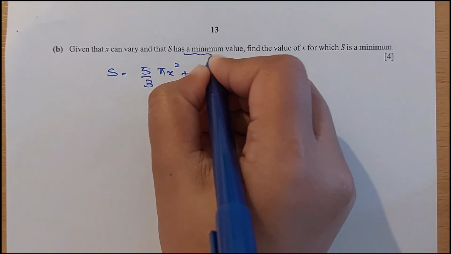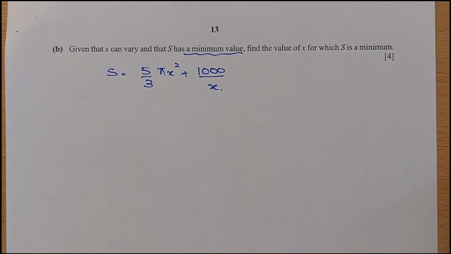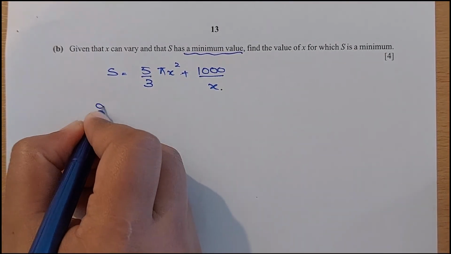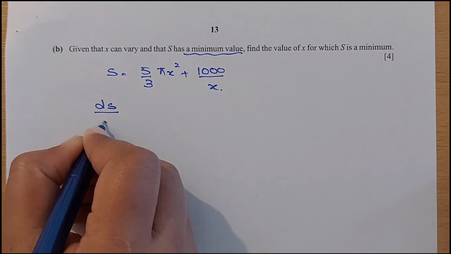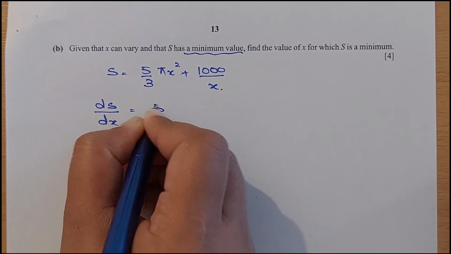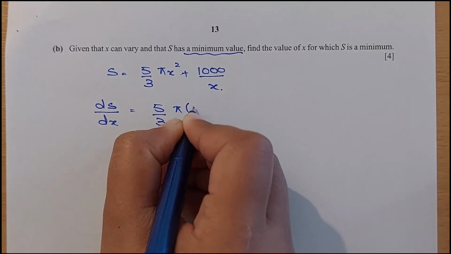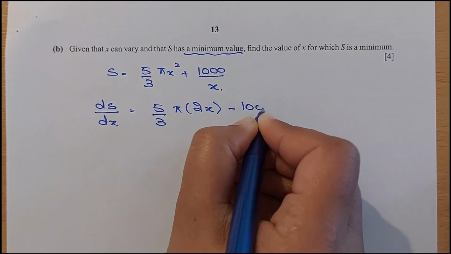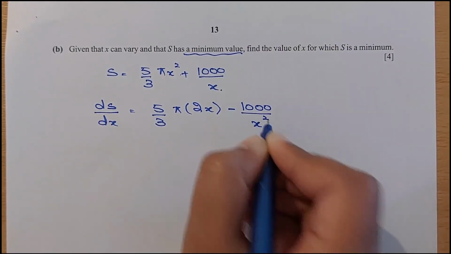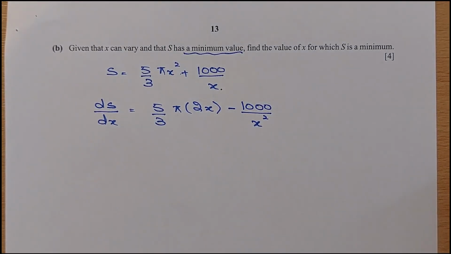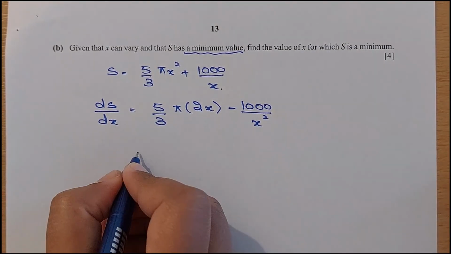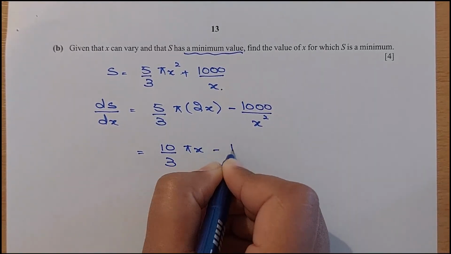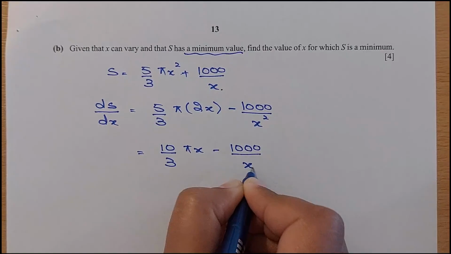To find the minimum value of S, we need to differentiate S with respect to x and put it equal to 0, basically finding the critical points. dS over dx equals 5 by 3 pi, its derivative is 2x, minus 1000 divided by x squared, since the derivative of 1 by x is minus 1 by x squared. Further simplification, 2 times 5 is 10 by 3 pi x minus 1000 divided by x squared.